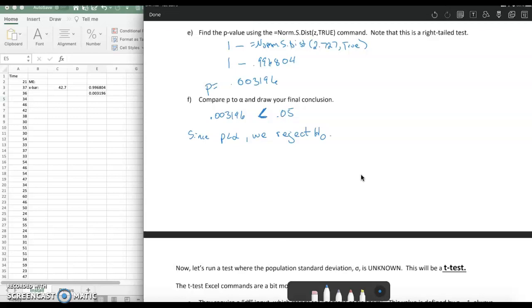So we've rejected the idea that it's 40, and instead we have enough information to conclude the mean is greater than 40. So we can conclude that the mean install time is greater than or longer than 40 minutes based on this.